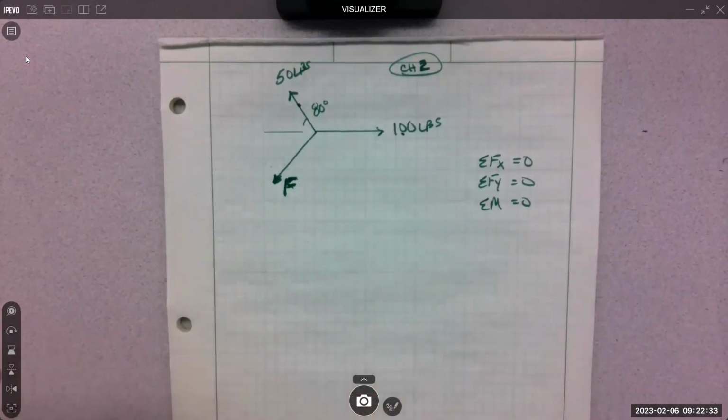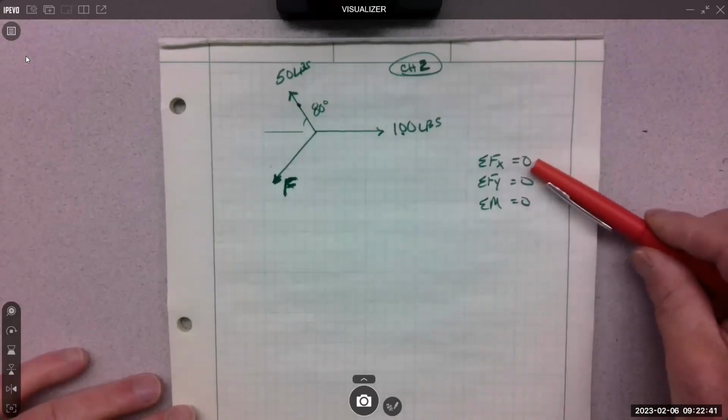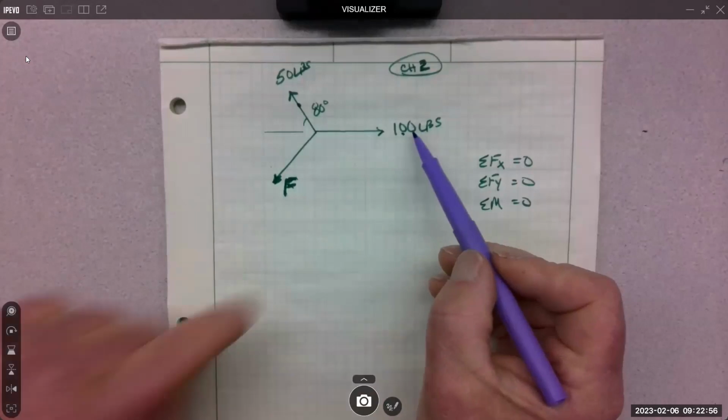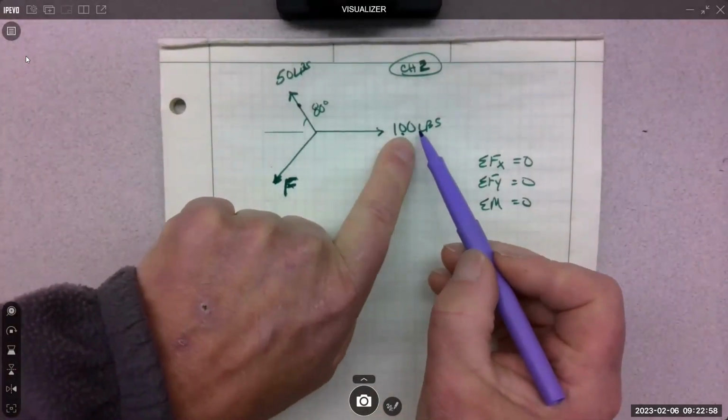We have to figure out the angle, but we have to figure out the Y effect and the X effect to make this true. So let's look at the easy one, the Y effect. Why is the Y effect the easy one? Because this is all in the X, it doesn't contribute to the Y, correct?